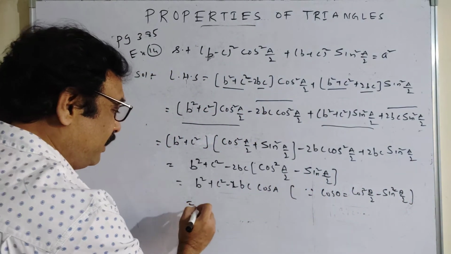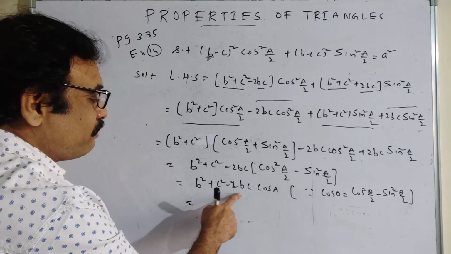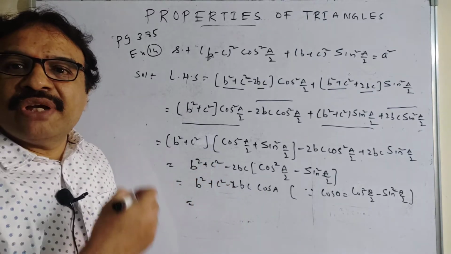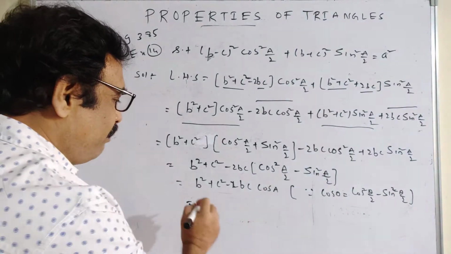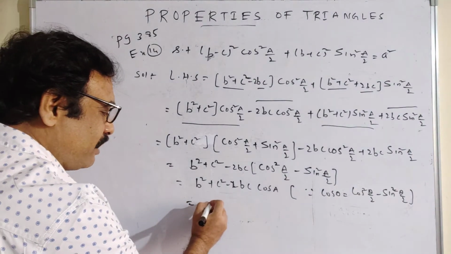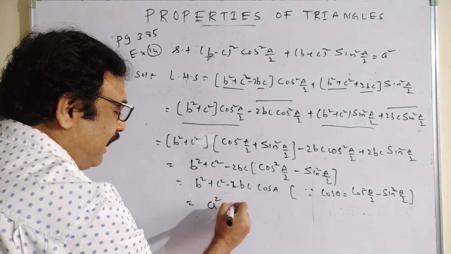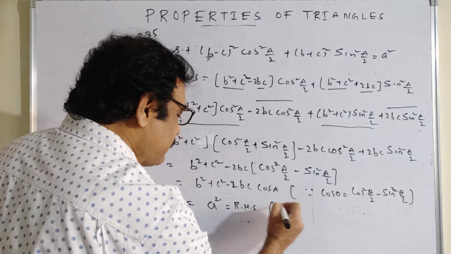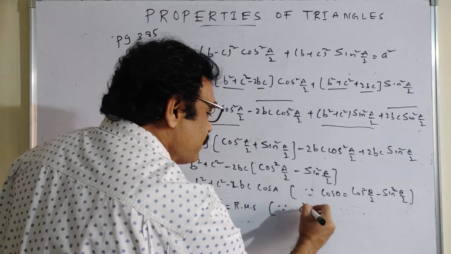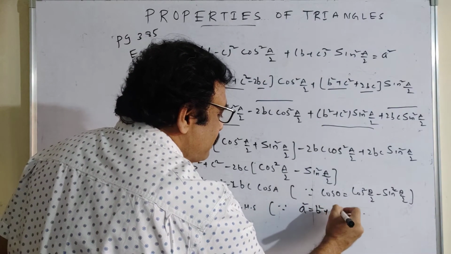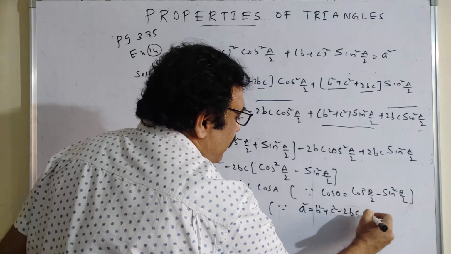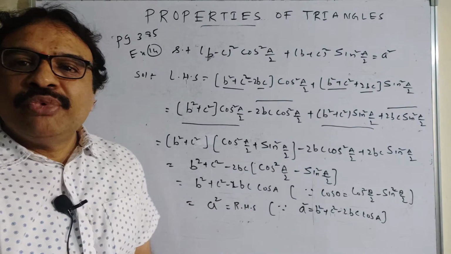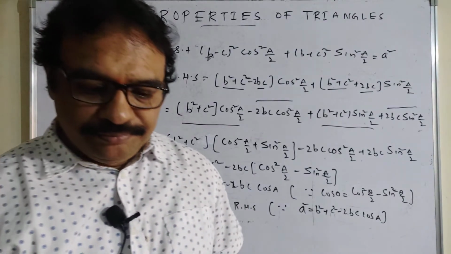But as we know, b square plus c square minus 2bc cos A is related to the cosine law, which we have learnt in a previous session. Now b square plus c square minus 2bc cos A is equal to a square, and this leads to RHS. Now coming back to the reason, we know that a square is equal to b square plus c square minus 2bc into cos A. Hopefully you understood the problem.